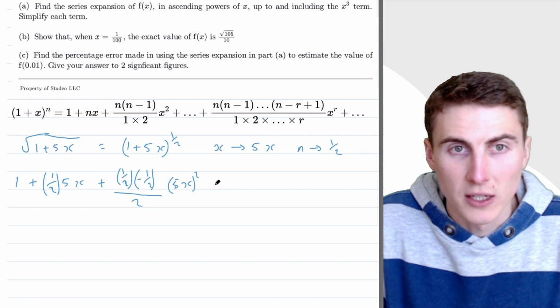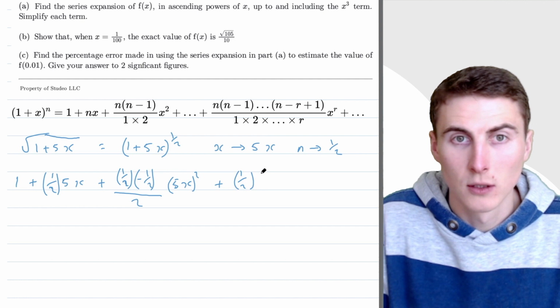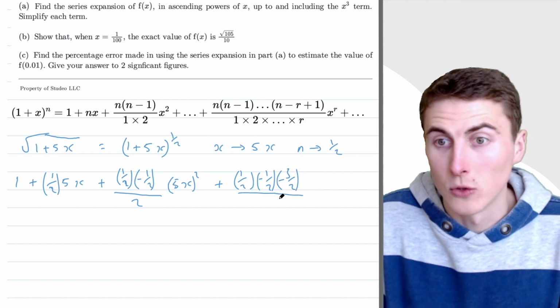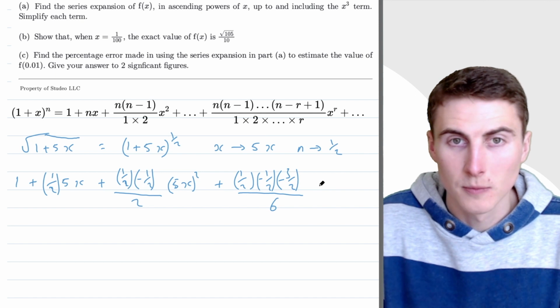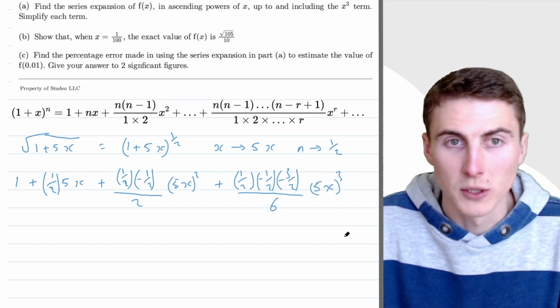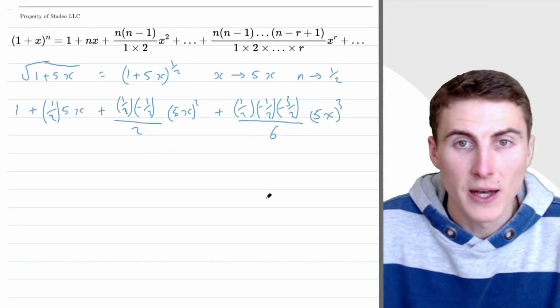And then we've got to do it up to the x cubed term. We've got to do another one. So we're going to do 1/2 times minus 1/2 times minus 3/2. That's all going to be over 1 times 2 times 3, which is 6. And we multiply all of that by (5x) cubed. So that's that. And then we can go ahead and simplify that.